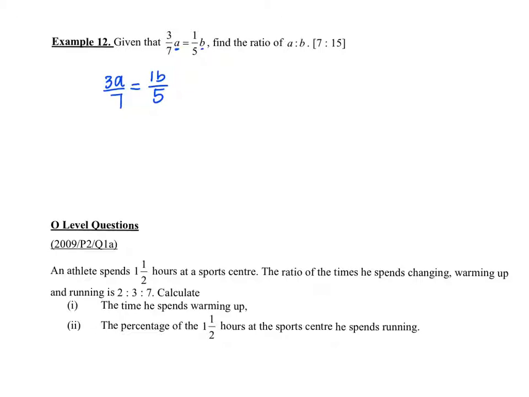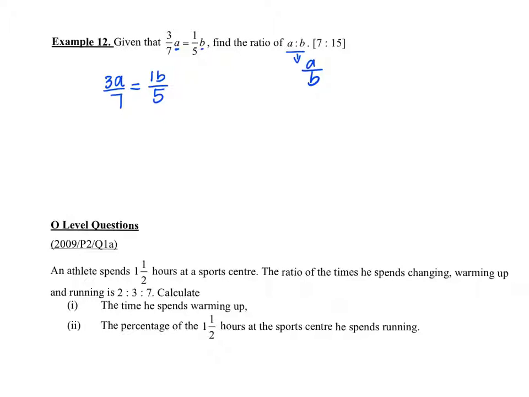Now if I want to find the ratio of a is to b, that means I'm looking for the ratio of a is to b, which can be written as an algebraic fraction a over b. So our objective is to get a over b.